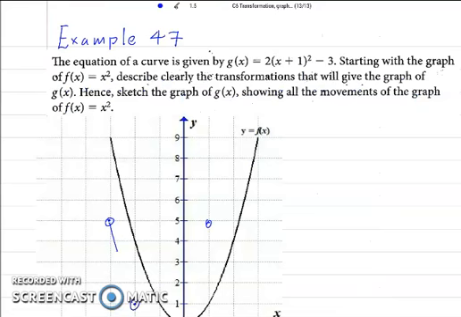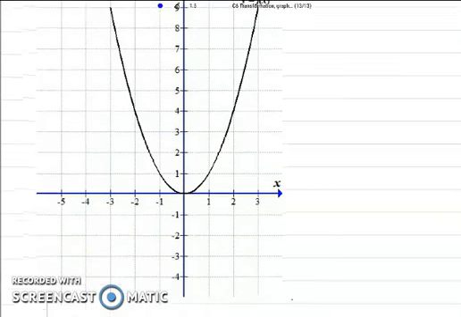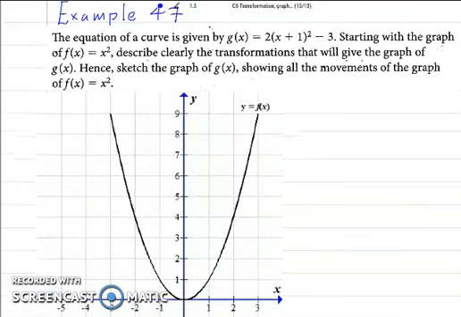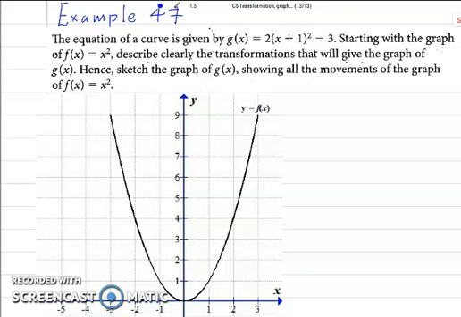All right, example 47. Let's erase what we're seeing here before we do the example. Example 47 says the equation of a curve is given by g of x is equal to 2 times (x plus 1) squared minus 3.